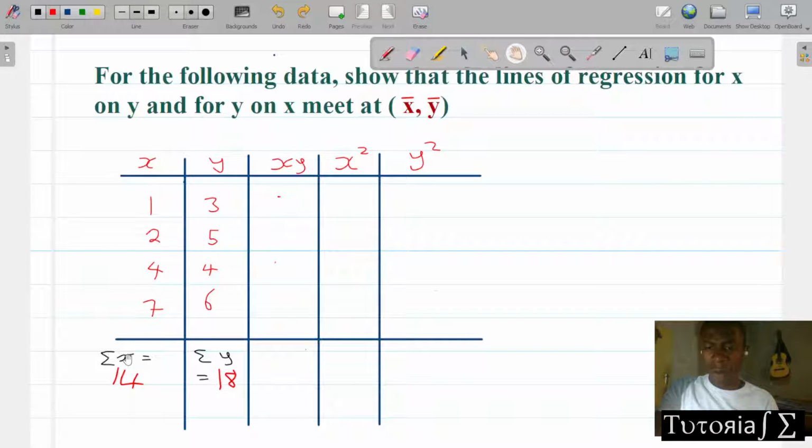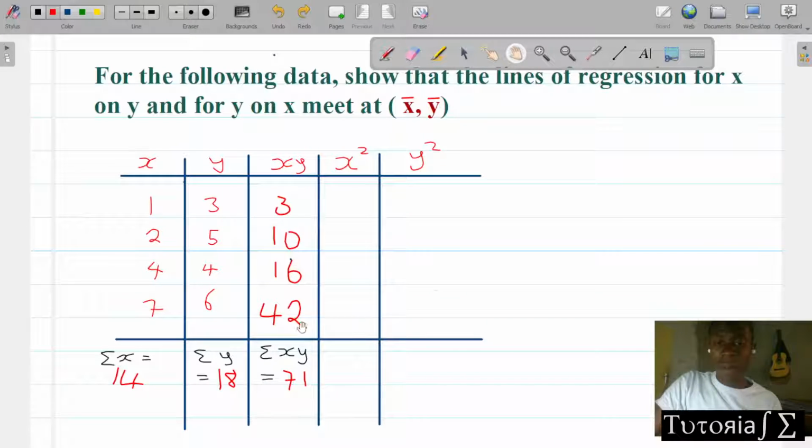Adding everything, the summation of x is 14, and the summation of y is 18. For the summation of x times y, 1 times 3 gives us 3, 2 times 5 gives us 10, 4 times 4 gives us 16, 7 times 6 gives us 42, and adding everything up, we call this the summation of xy, which gives us 71.